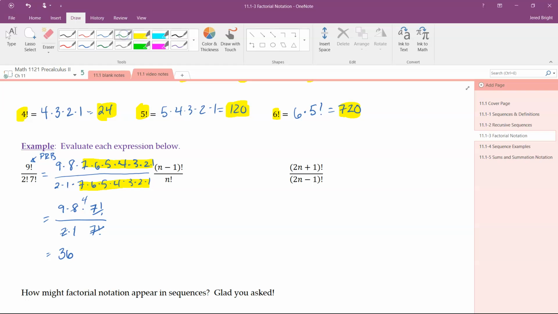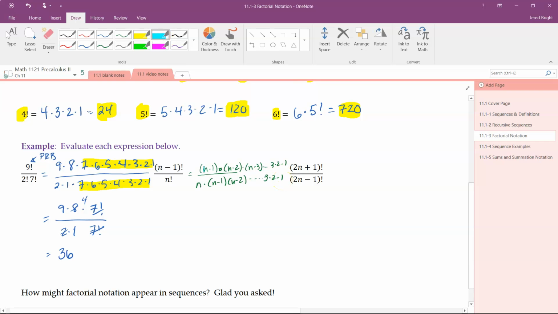Next, we look at this and we want to cry a little bit, but at the end of the day, we just think a little bit carefully. The numerator is going to be n minus 1 times n minus 2 times n minus 3, and so on and so forth, down to 3 times 2 times 1. And the denominator is going to be n times n minus 1 times n minus 2, all the way down to 3 times 2 times 1.